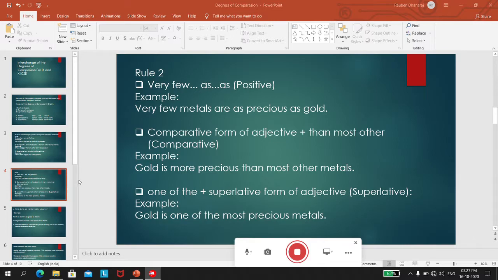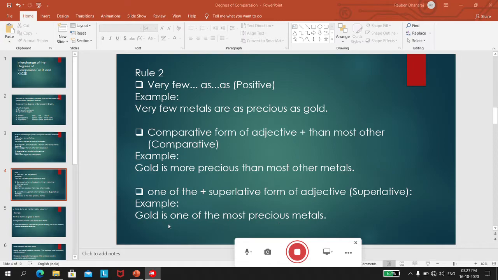So when I'm asking you to change into comparative, okay, comparative is already asked. I'm asking you to change into superlative. You are going to use one of the plus superlative form of adjective. Now what it says is that gold is one of the most precious metals.